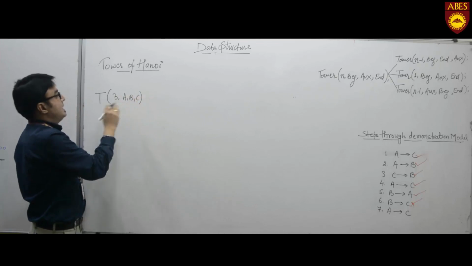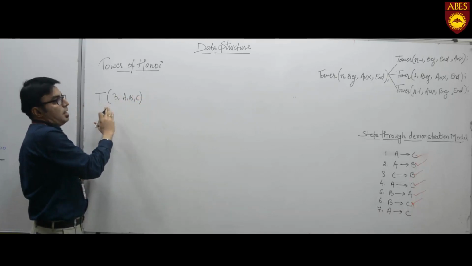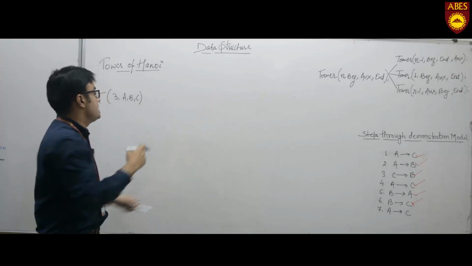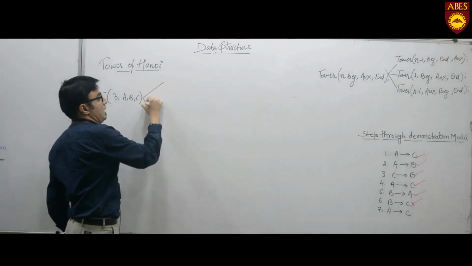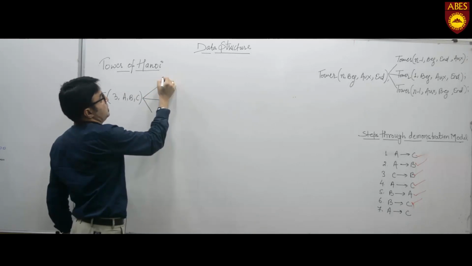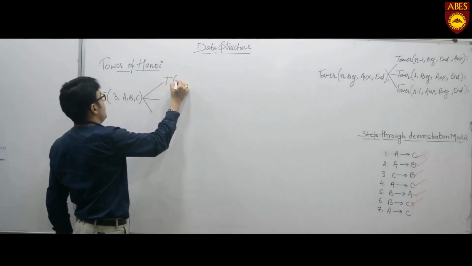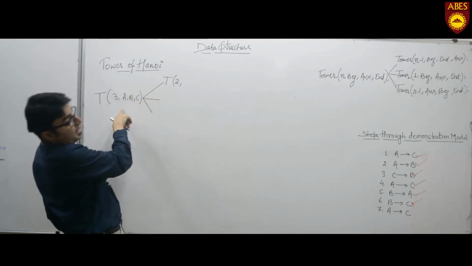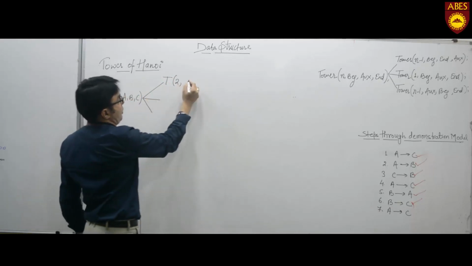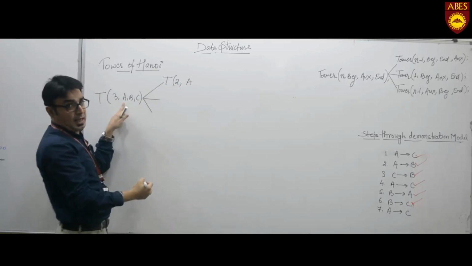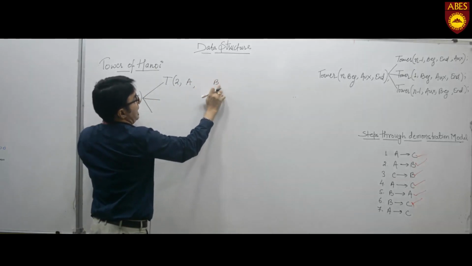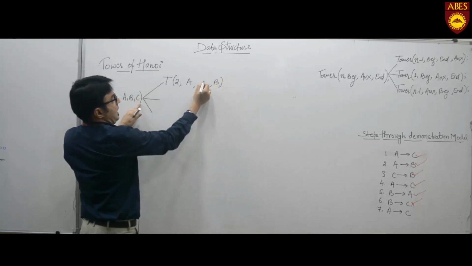As I told you, this function is divided into three recursive calls. You can clearly write that: T of n minus 1, which is 3 minus 1, is 2, from beginning A to auxiliary B, with the end C in the middle.